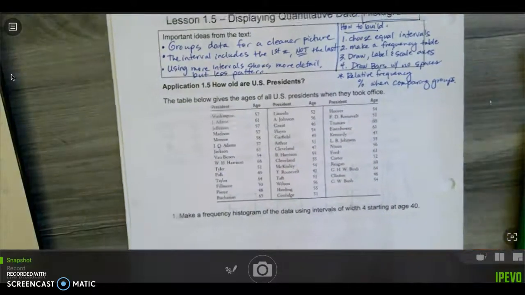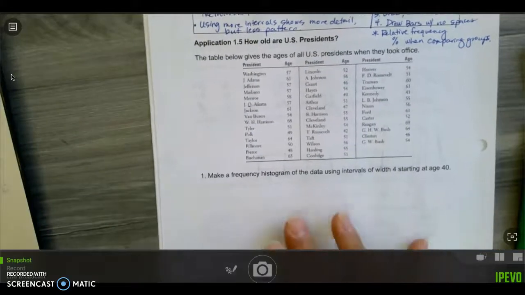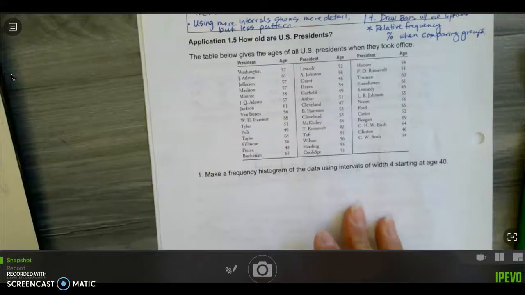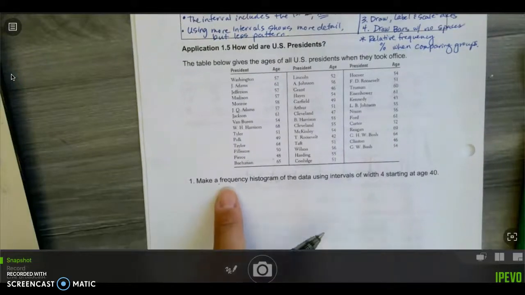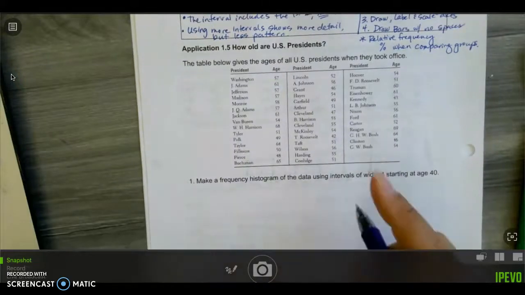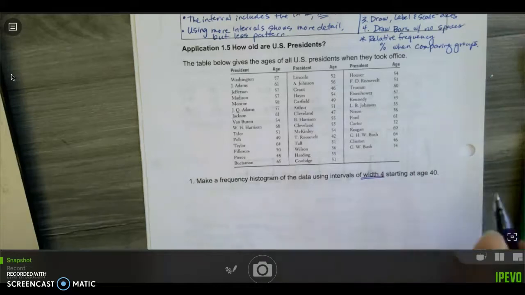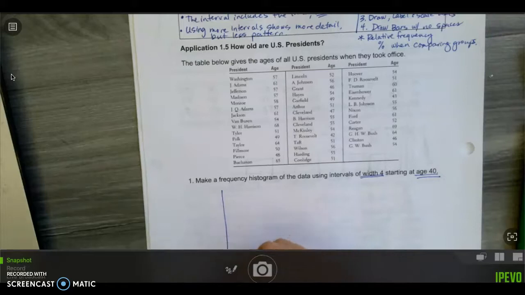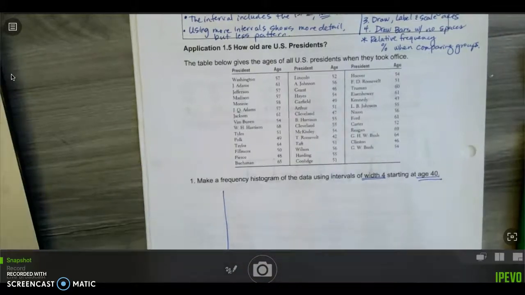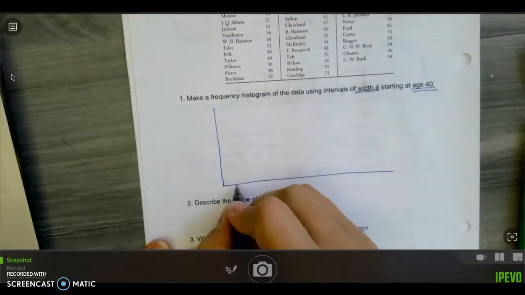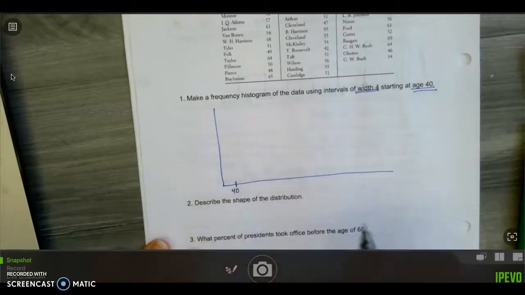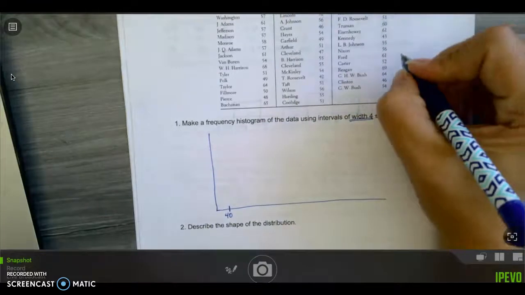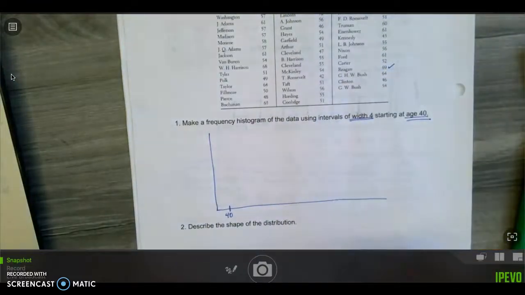Okay, so I'm going to ask you to do this on your own, and you can check the answers in Schoology, but I want to get you started. So it says, make a frequency histogram of the data using intervals of width 4 starting at age 40. Okay, so I know here that my starting age is going to be 40, and if I look up through the data, I see it looks like this is the highest, 69.